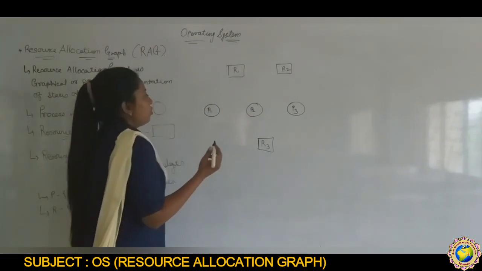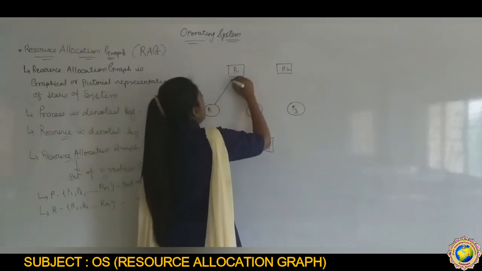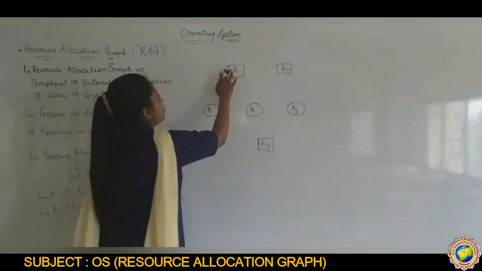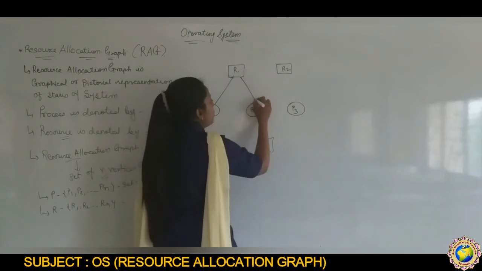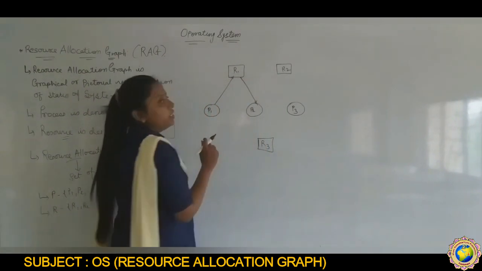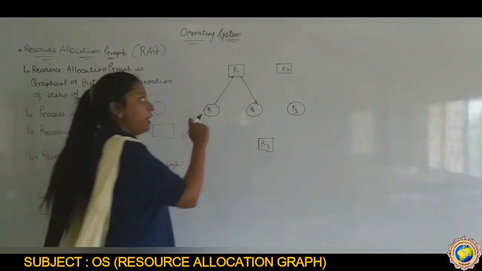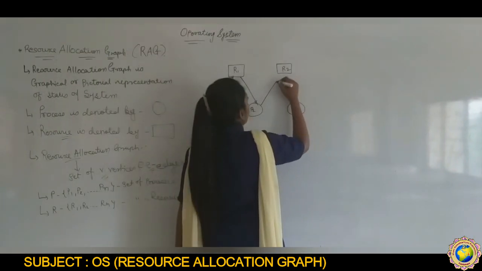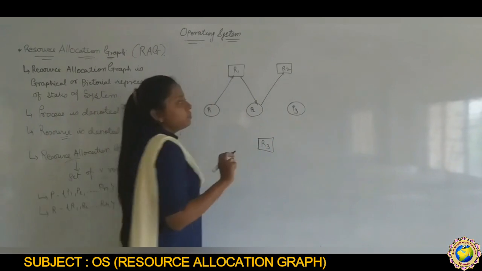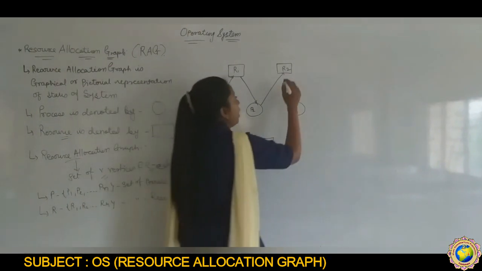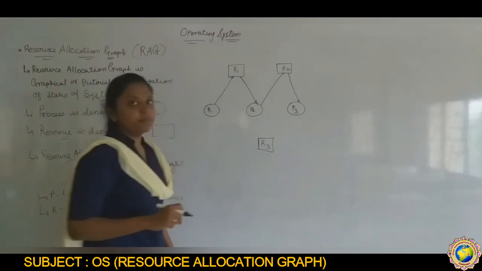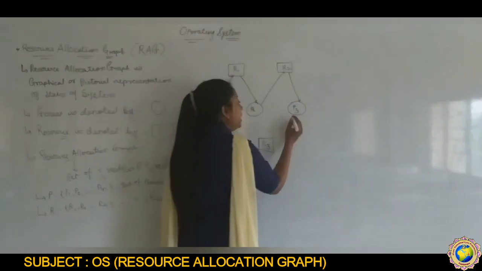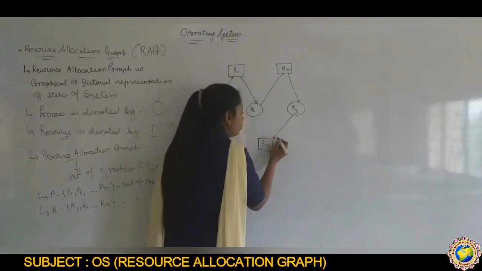So P1 requests R1, but R1 is allocated to P2. P2 is requesting R2, but R2 is allocated to P3, and P3 is requesting R2.